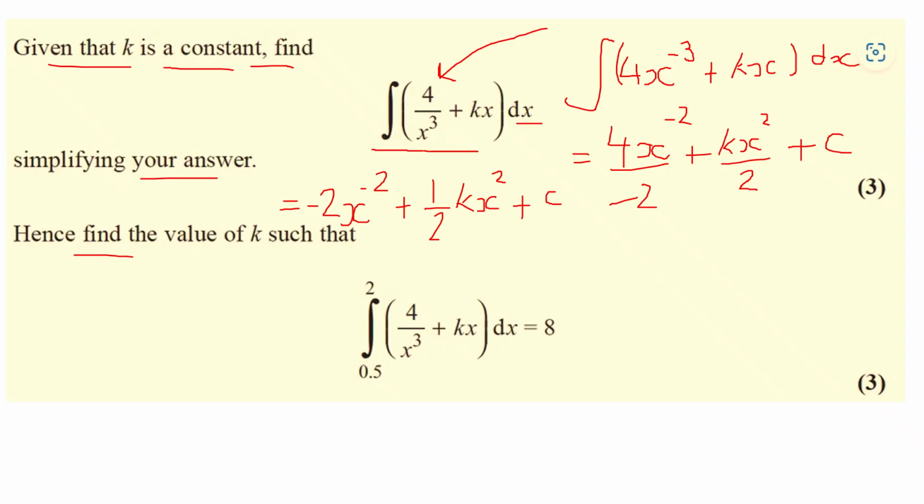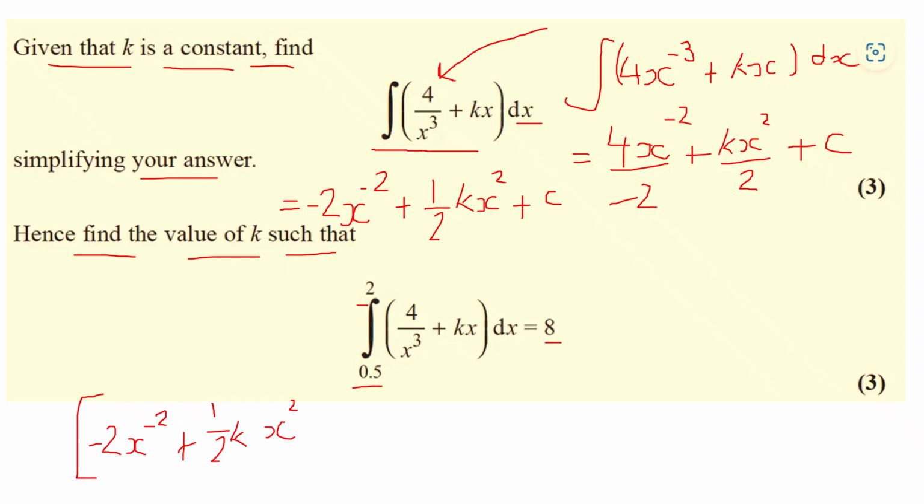Next up, hence find the value of k such that the integral from 0.5 to 2 of 4 over x cubed plus kx dx is equal to 8. So obviously using our answer to part A, that's now been integrated, so it's going to be minus 2x to the minus 2 plus a half kx squared.